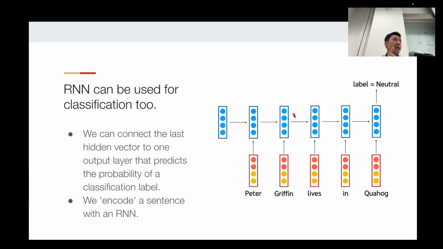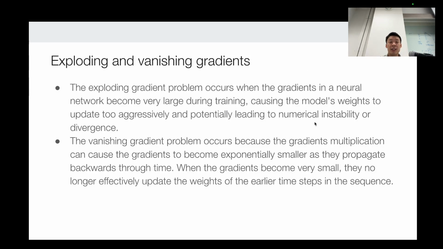It tries to be a feature for predicting the next word, and it also acts as a memory cell. So it tries to memorize what happened from the left so that it can pass it on to the next time step. So it has to do two things at the same time. That's also an observation that we make about this model so that we can have more fancy models.